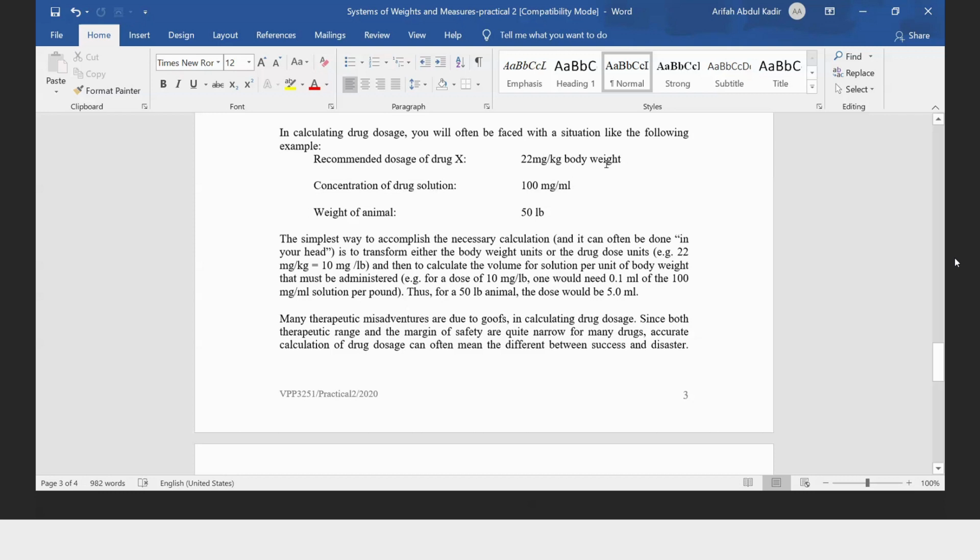The weight is 50 pounds, the concentration is 100 milligram per ml, and the dosage is 22 milligram per kilogram.